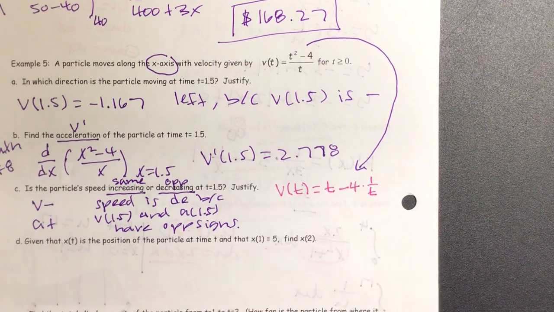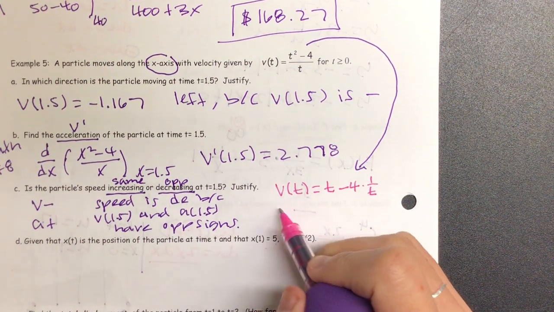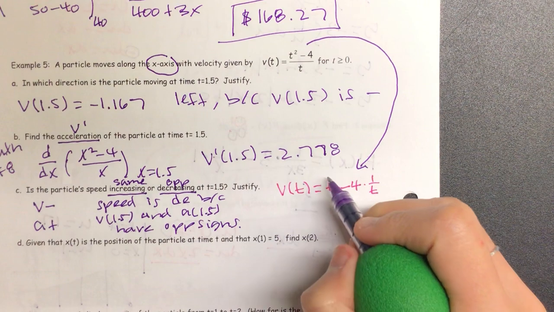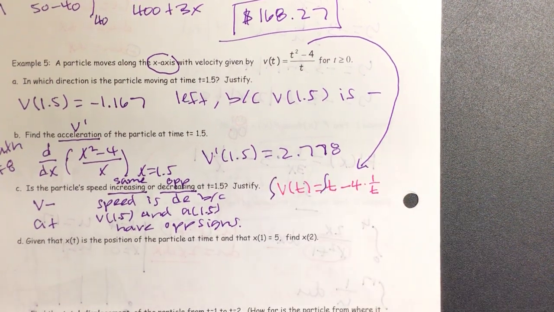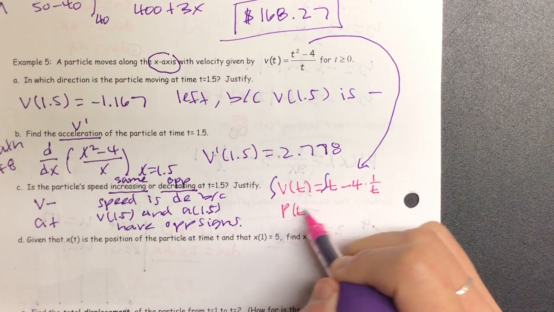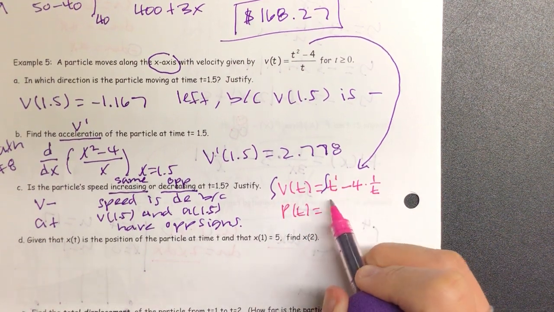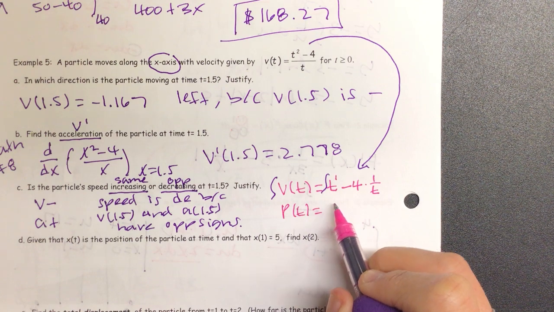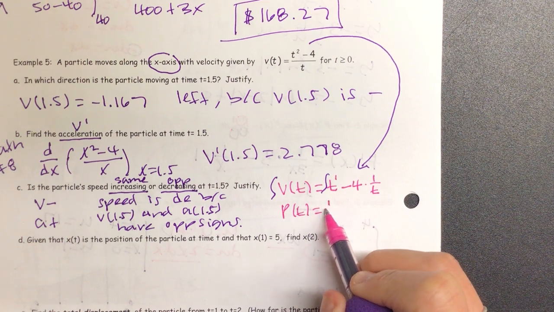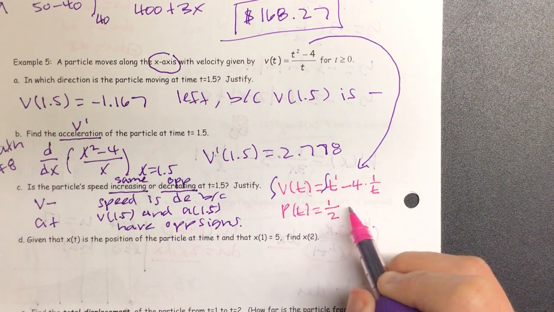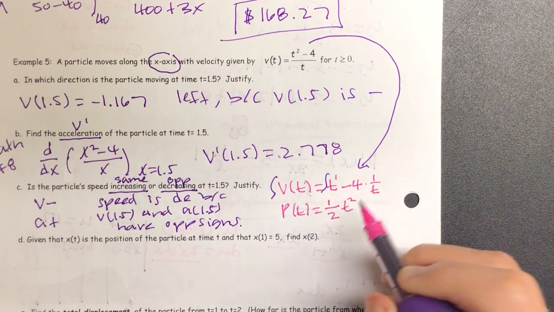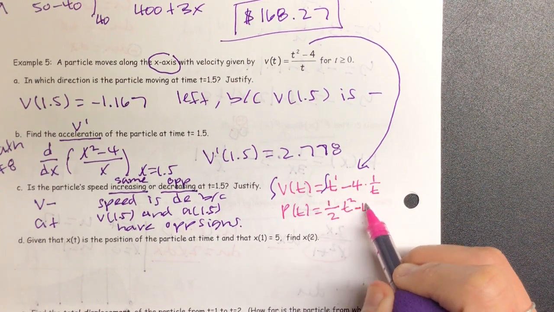So let's find the position by integrating both sides. It's going to give me p of t, let's write the understood 1. A recap on anti-deriving: 1 over the new power, which is always 1 more, t squared, and leave the minus 4.